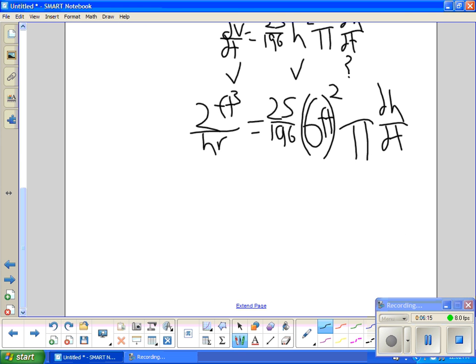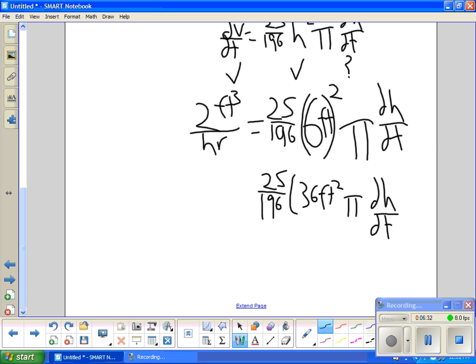Now we multiply out and we will find 25 over 196 times 36 feet squared pi dH dt is equivalent to 2 feet cubed per hour.